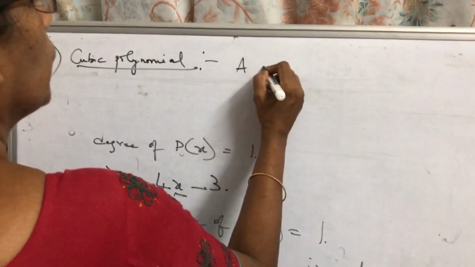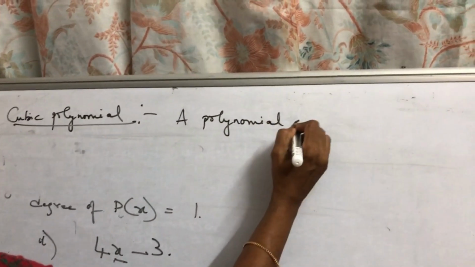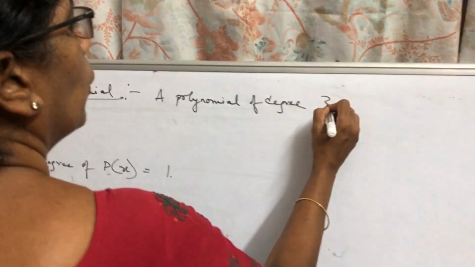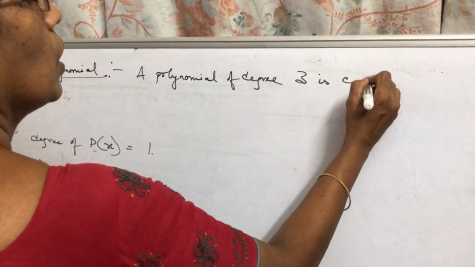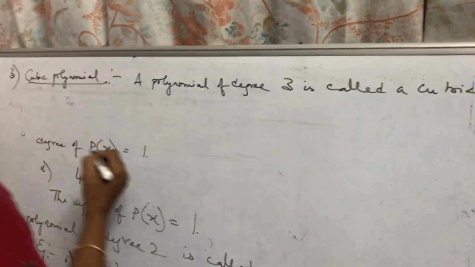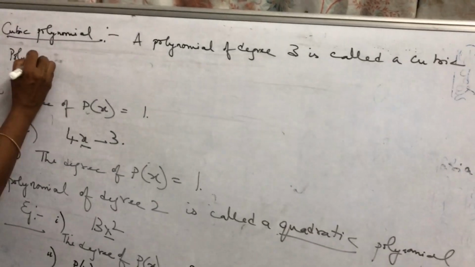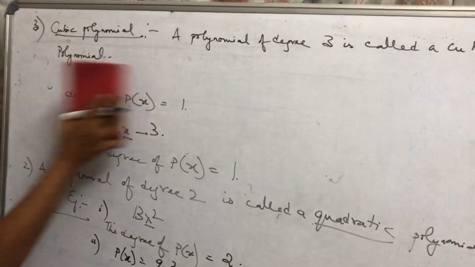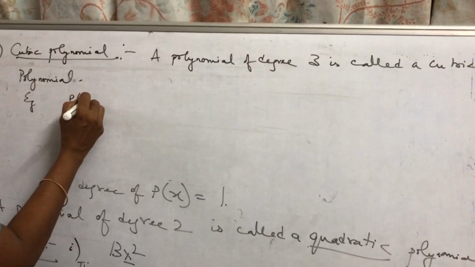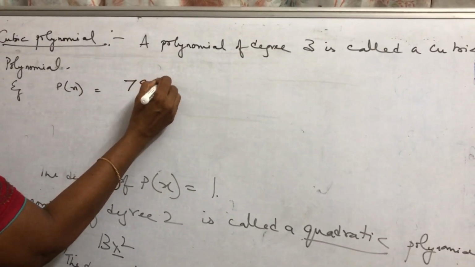A polynomial of degree 3 is called a cubic polynomial. P of x is equal to 79x cubed.